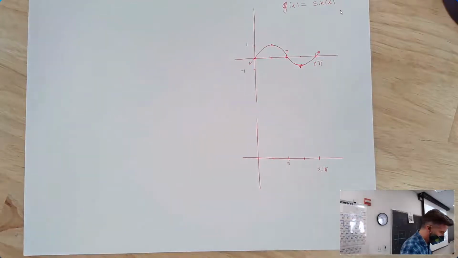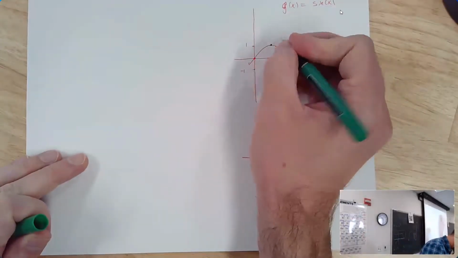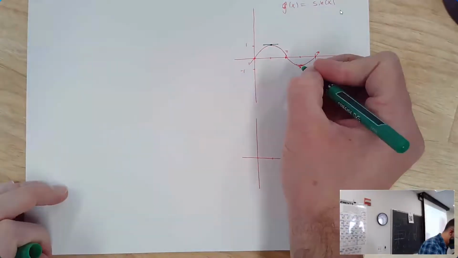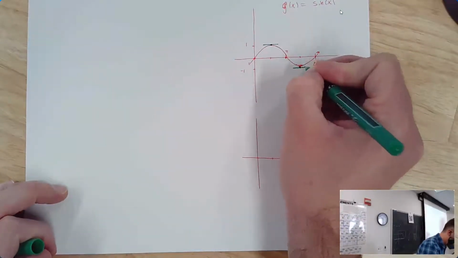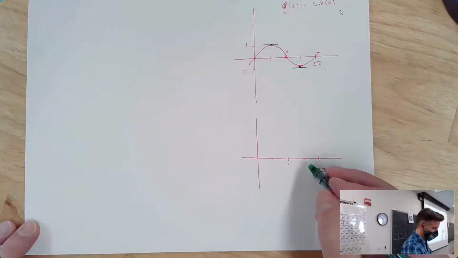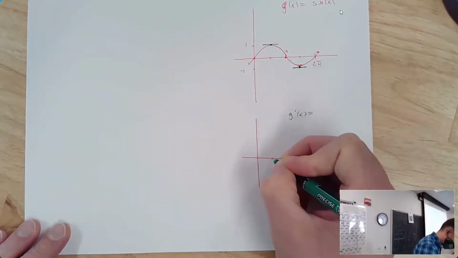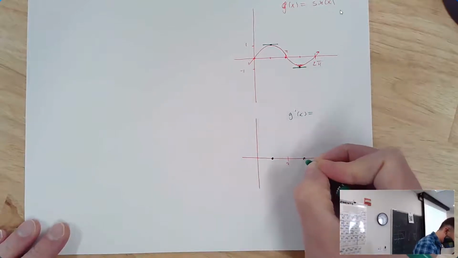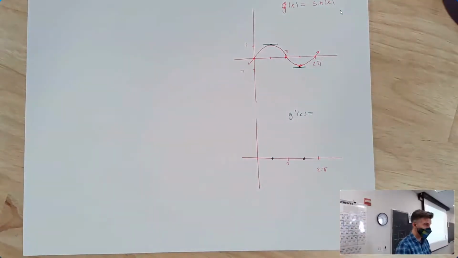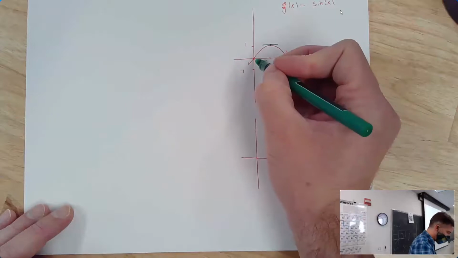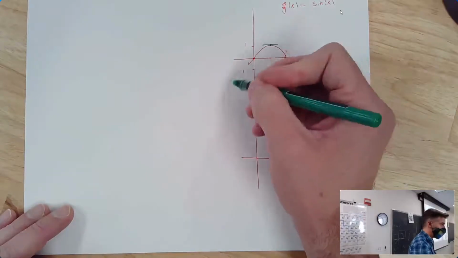I can see that right here at that point, the tangent line is horizontal, and the same is true over here. So we know that at π/2 and at 3π/2, the derivative is going to be 0 for sure. Because again, the derivative is just the slope of the tangent line.